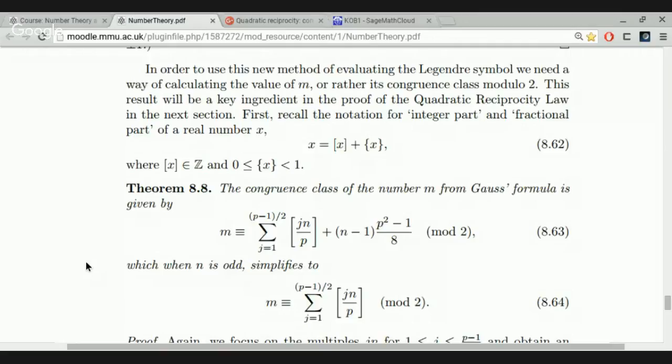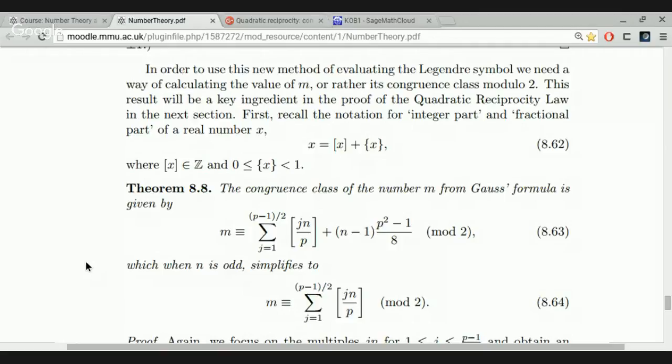Now, there's a bit of notation to set up for the notation that's used in this result. We've got this square bracket and curly bracket notation. Square brackets don't really have any fixed notational meaning in general mathematics. They're just used for various things, just bracketing terms.